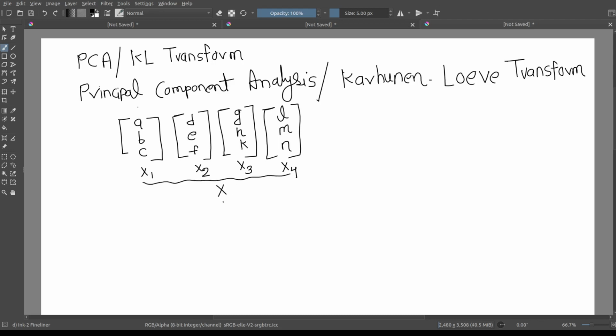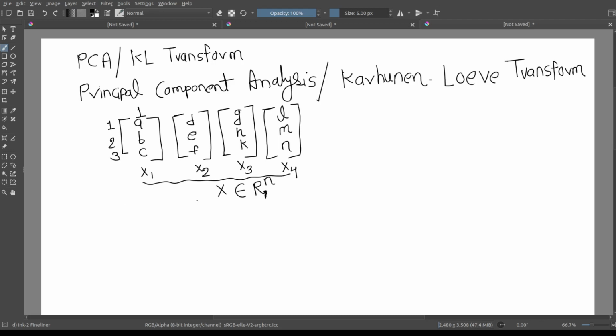This x belongs to, let's say, Rn. A, B, C, D, E, F, G, H, K, L, M, N are all real numbers, and the dimension of each vector is 3 cross 1, because there are 3 rows and 1 column.